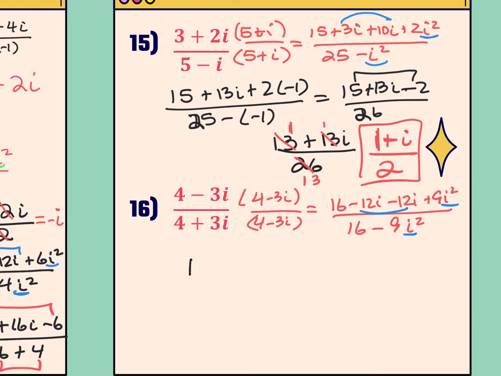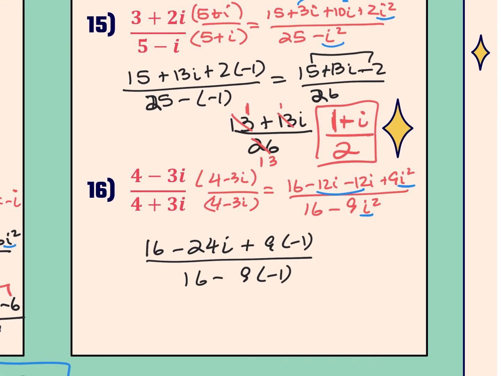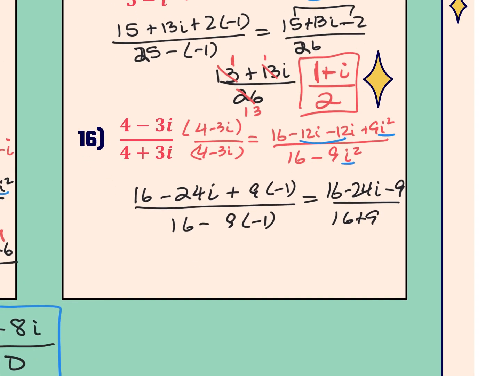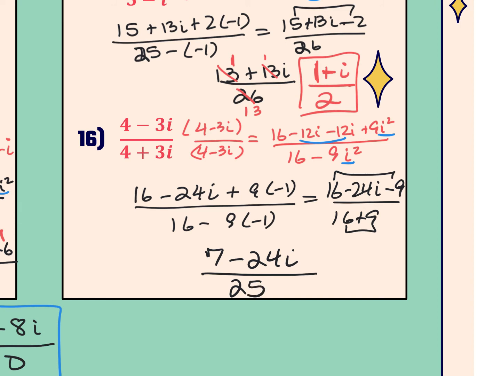So I'm now left with 16 minus 24i plus 9 times -1 over 16 minus 9 times -1. So I'll multiply: 16 minus 24i minus 9 over 16 plus 9. I can add the top, add the bottom. 16 minus 9 gives me 7 minus 24i over 25. Nothing reduces here, so I stop there and leave that as my answer.